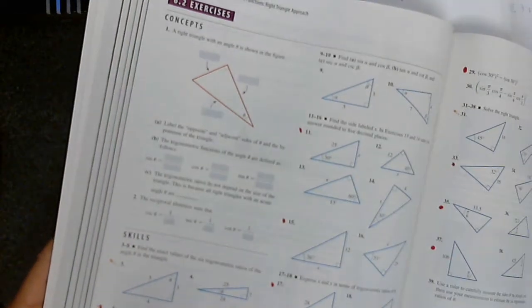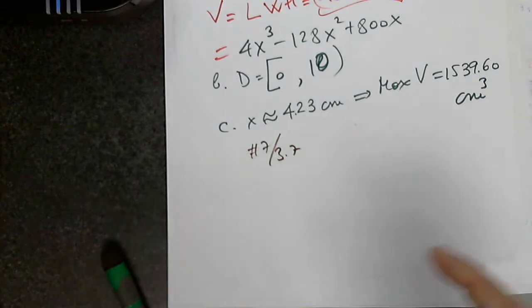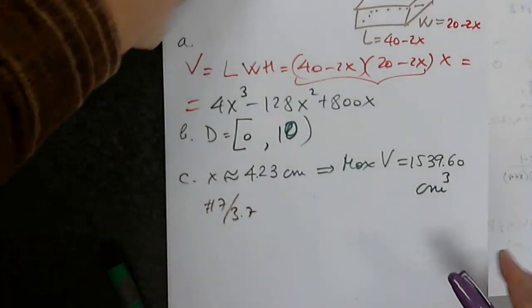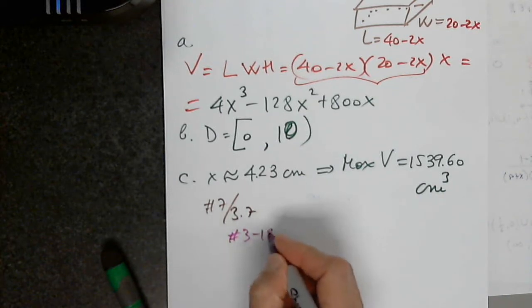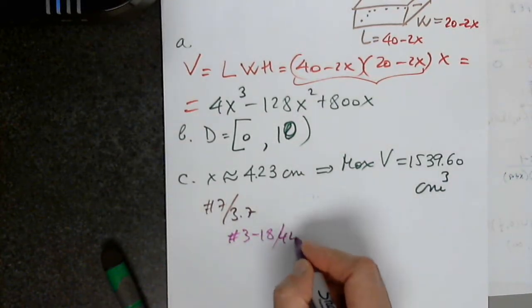So on page 448, I would like to look at any problem you want between 3 and 18. If you don't choose, I will. So 3 and 18 on page 448.